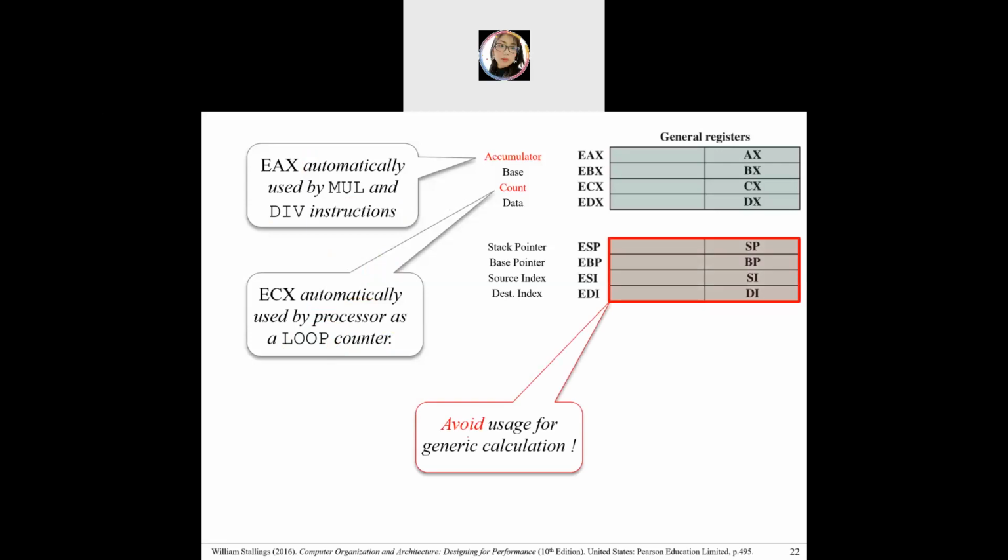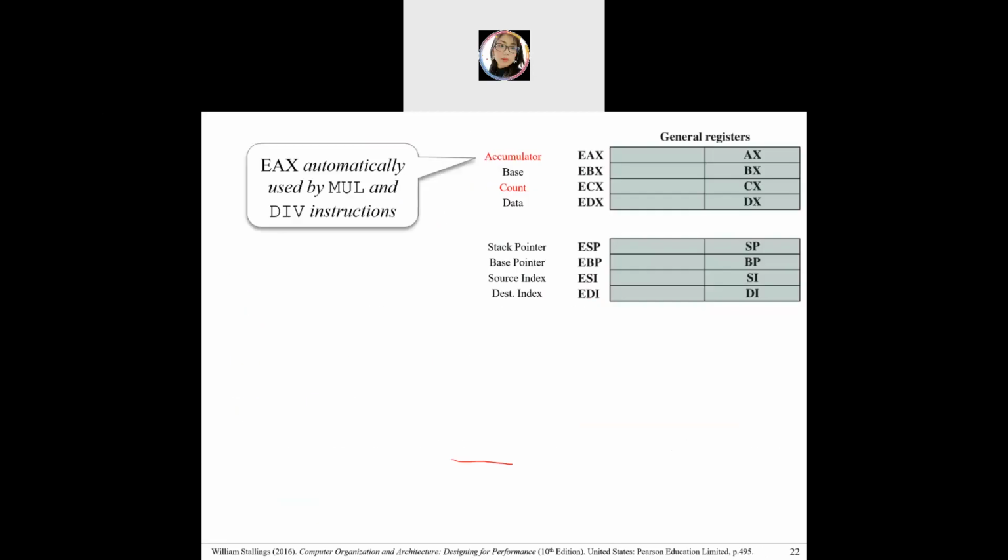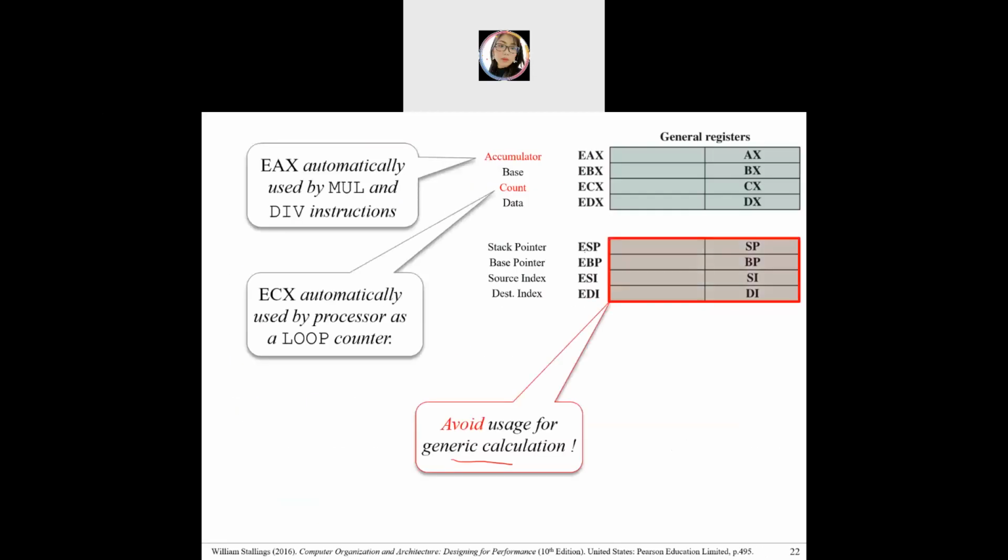Avoid use for generic calculation. This one was already informed previously in the definitions. So stack pointer, base pointer, source index, destination index, please don't use them for generic calculation.